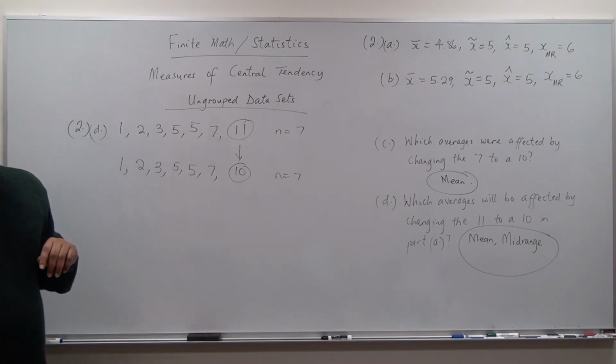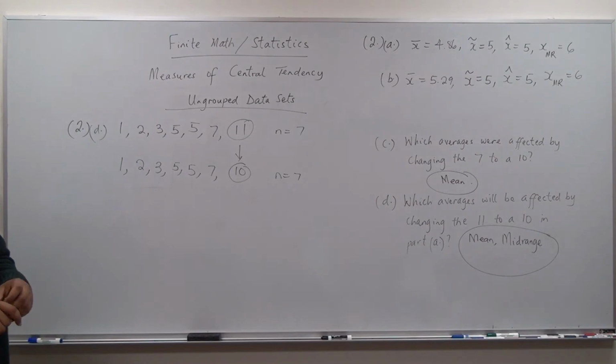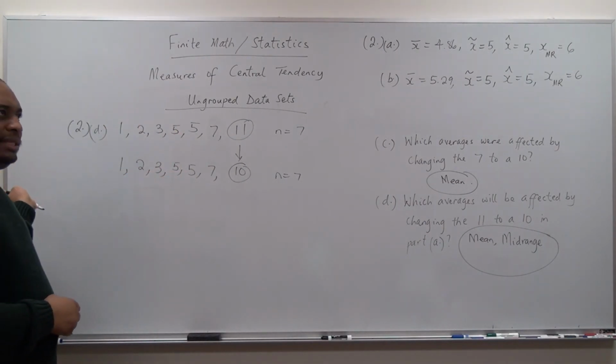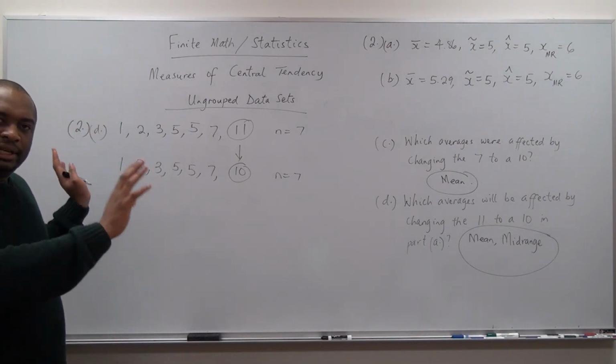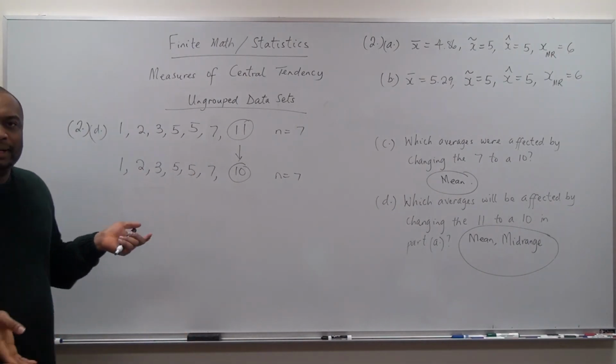Just because we had a slight change here, the mean has been affected. Then when you have extreme values, the lowest value and the highest value, if you have any change in those, it will also affect the mid-range.